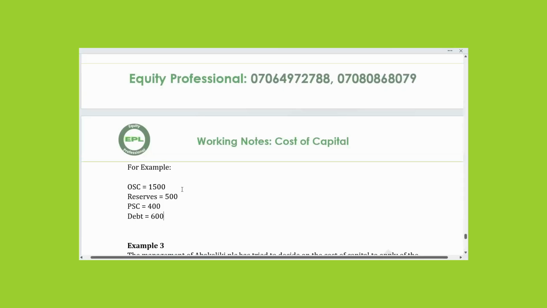So by the time you add up everything together, the total pool of capital will be 3,000. All right, total will be equal to 3,000. Let's also say that you have cost of equity.